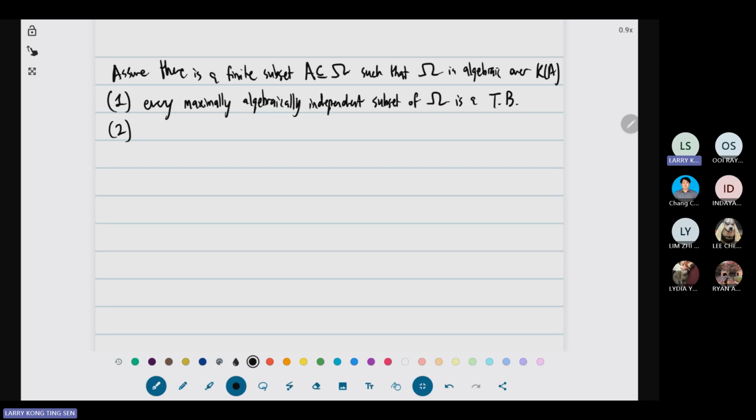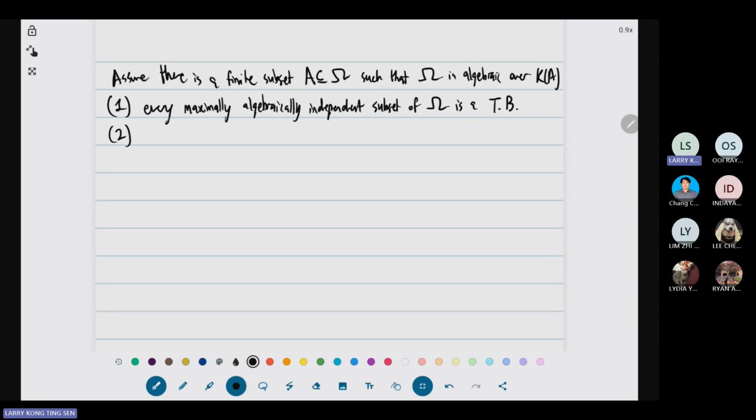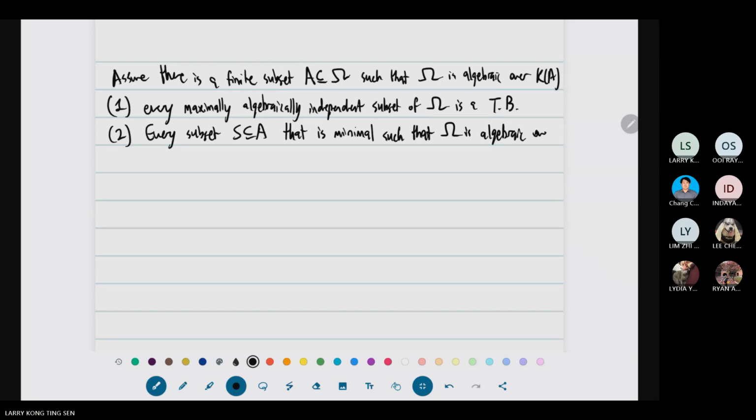Of course we have the other way around. That is to say, every minimal subset of A, every minimal one.